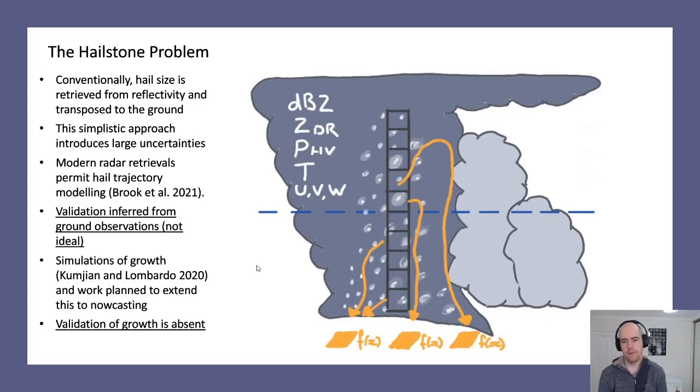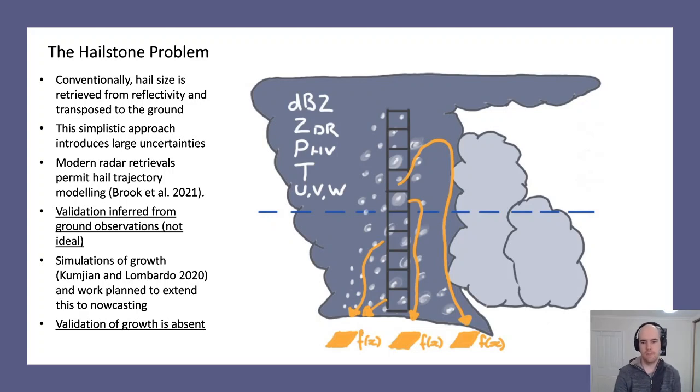Modern radar retrievals using polarimetric information and 3D wind retrievals are able to better overcome these limitations. An example here from Brook et al. shows that once we initialize our hail size within our radar samples, we're able to run forward trajectories, providing a more realistic estimation of the hail swath at the ground.